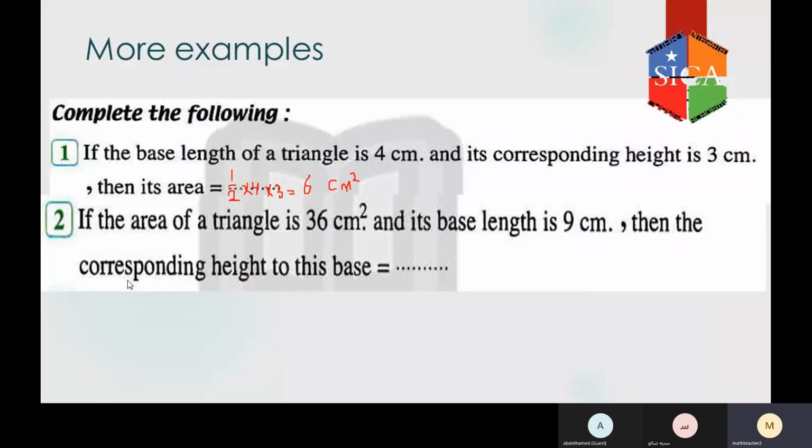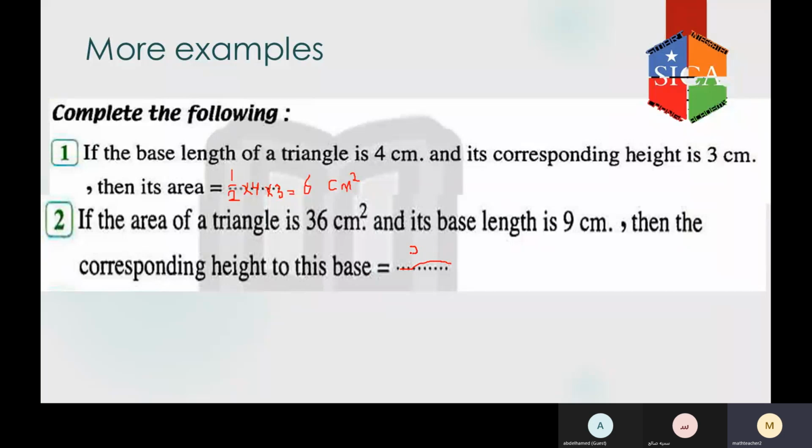If the area of a triangle is 36, here he gave me the area of the triangle, and its base length is 9, then the corresponding height to this base equals, we divide the area by half the base length. In the parallelogram, when getting the base or the height, we just divide the area by the base, or the area by the height.